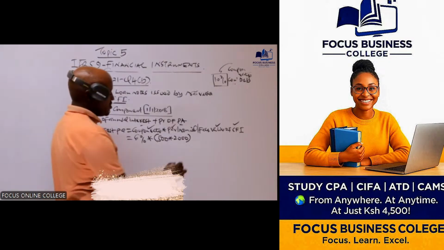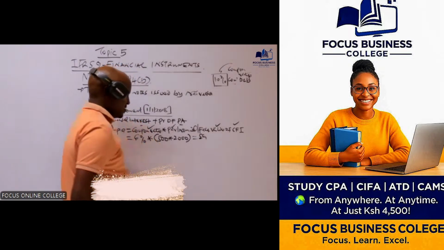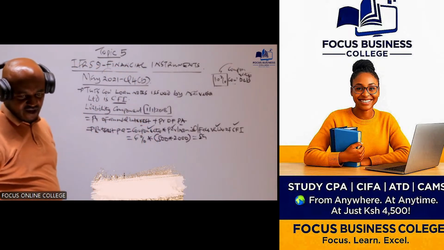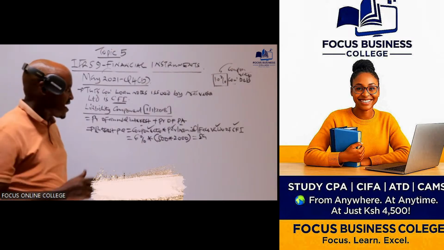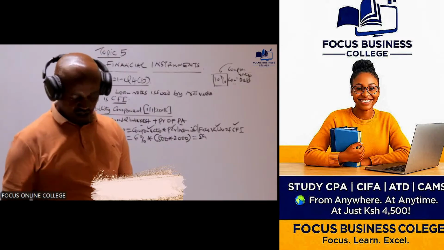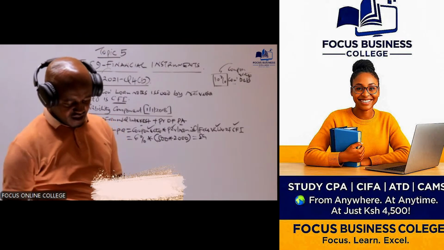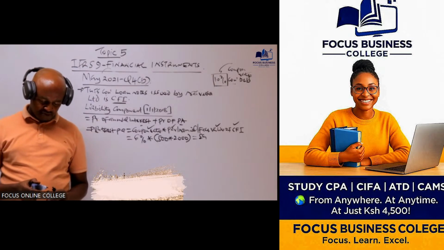Times 2,000. So how much interest will be paid by our company on an annual basis? Give me the final figure here. The interest to be paid by our company on an annual basis will be how much? Which should be 6% of 500 times 2,000.